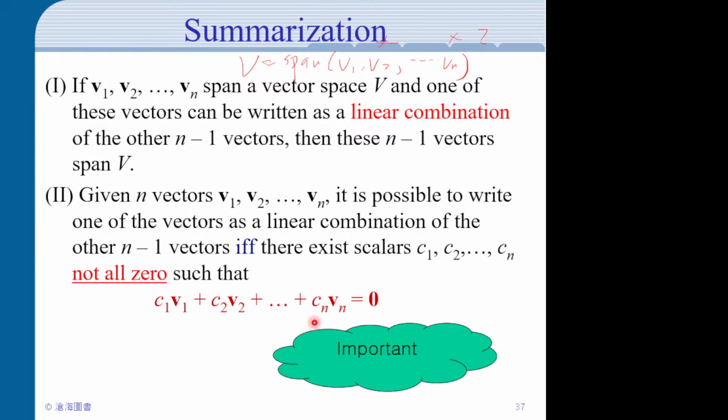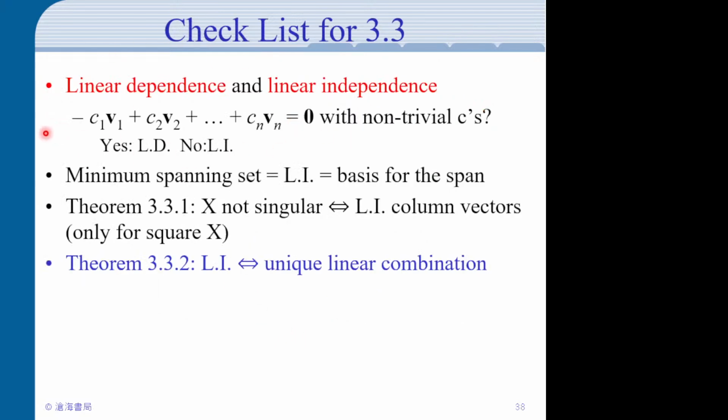Do you have a non-trivial solution? We give this as the definition of linear independence. If there is a non-trivial solution, then v1 to vn are linearly dependent. If c1 to cn must all equal 0, then they are linearly independent.